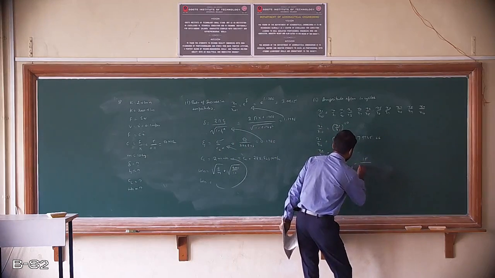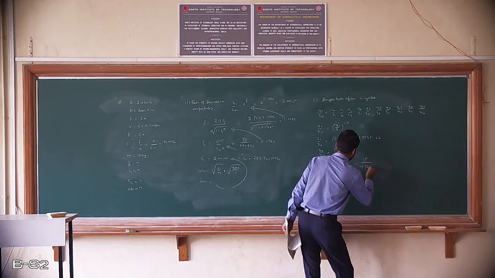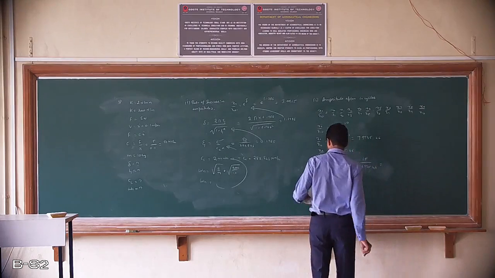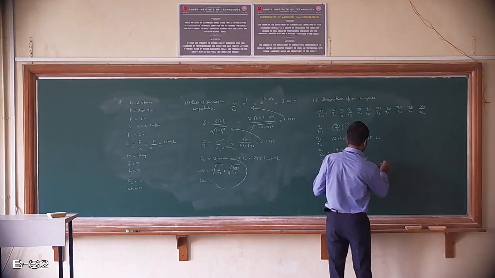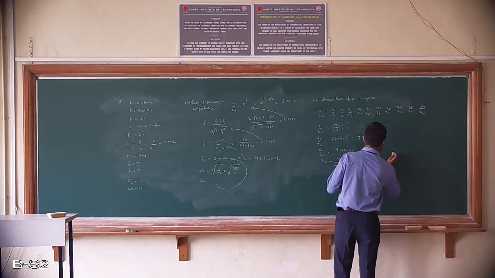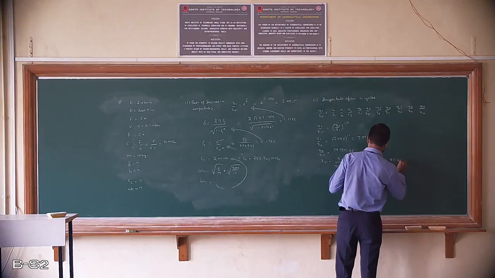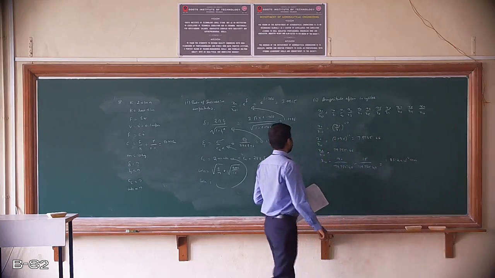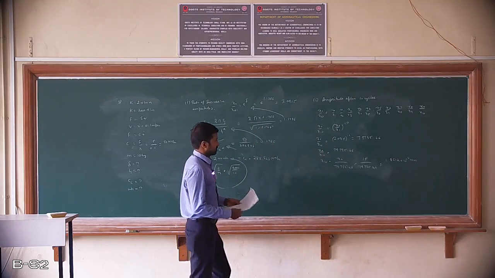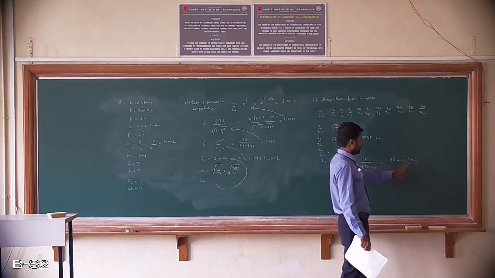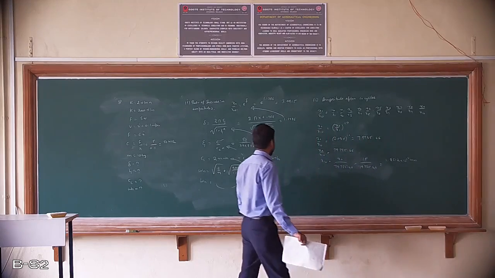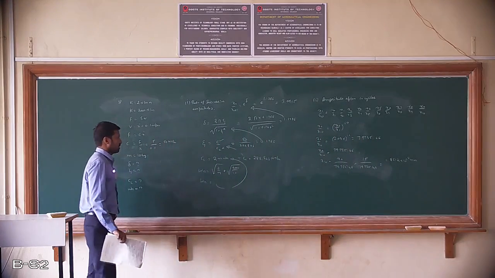So 15 divided by 79735.46. So the value of x10 is found out to be 1.8812 into 10 raised to minus 4 mm. So therefore the amplitude after 10 cycles is found out to be 1.8812 into 10 raised to minus 4 mm.